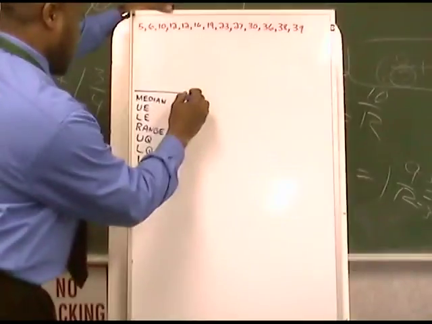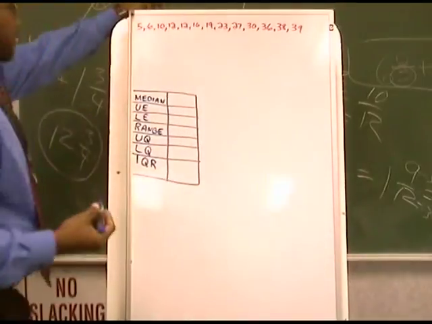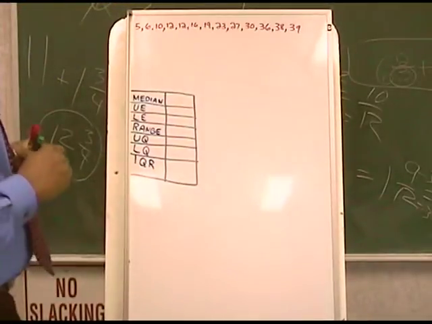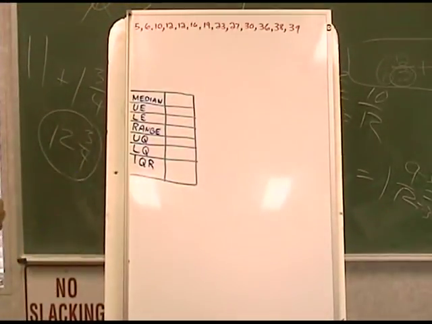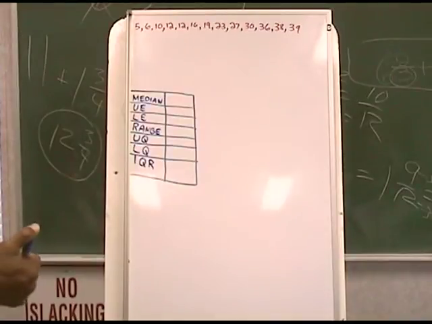Going to make us a nice little box here. So we need to find the median, the upper extreme, the lower extreme, the range, the upper quartile, the lower quartile, and the interquartile range.